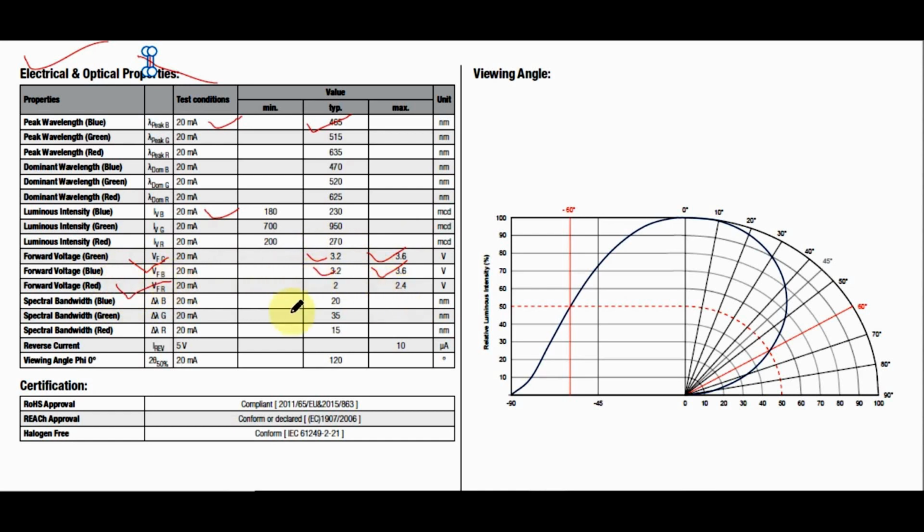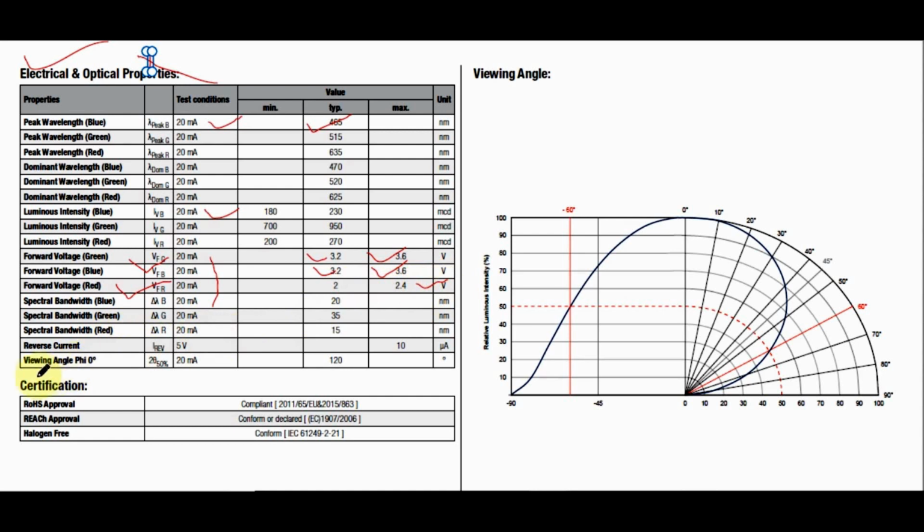Make sure you operate your LED at 20 milliampere to achieve the peak wavelength, and your forward voltage at that time will be 3.2 minimum and 3.6 maximum for green and blue LED, and 2 minimum and 2.4 maximum for red LED.